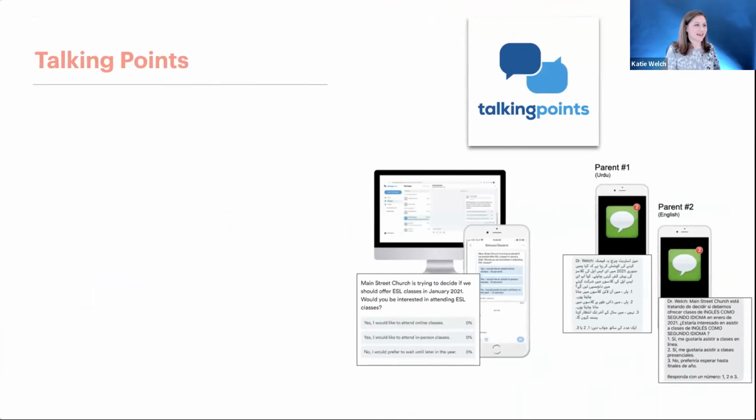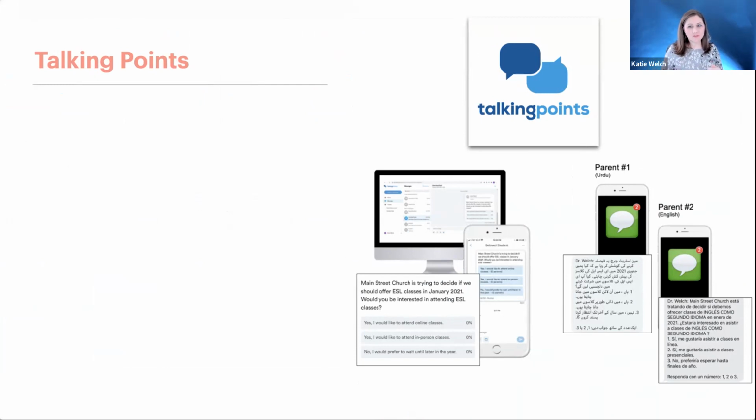Speaking of talking points, Veronica said that she has used talking points, and talking points is very similar to Remind. And so if you already use Remind, it has translation capabilities. But talking points is different in that it was designed specifically for education.